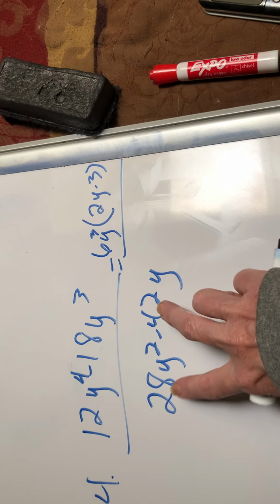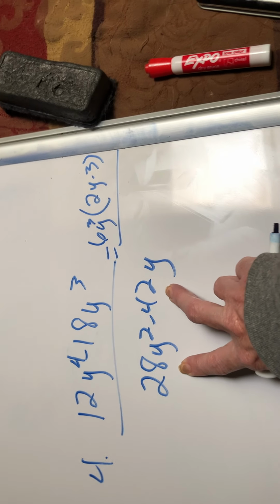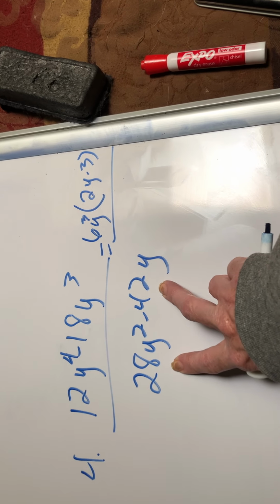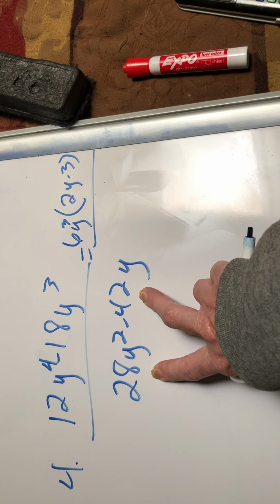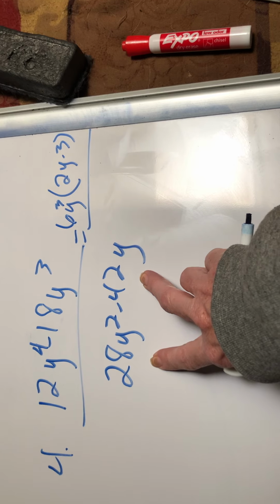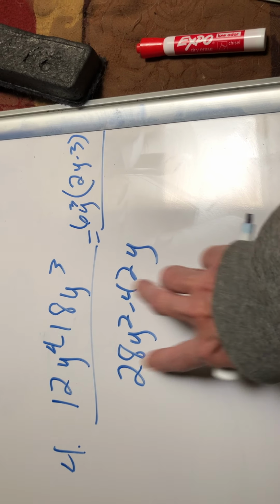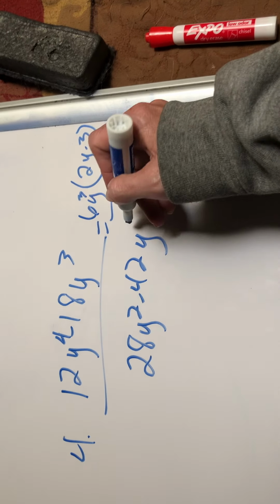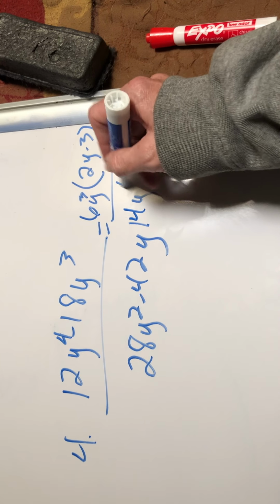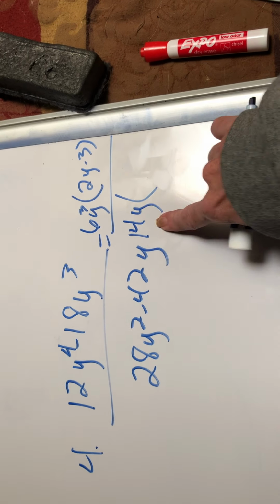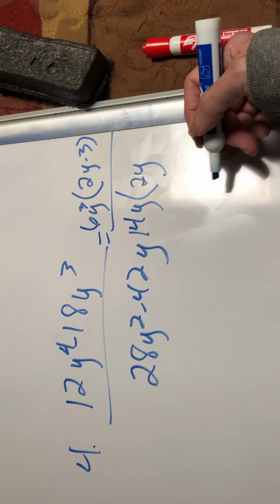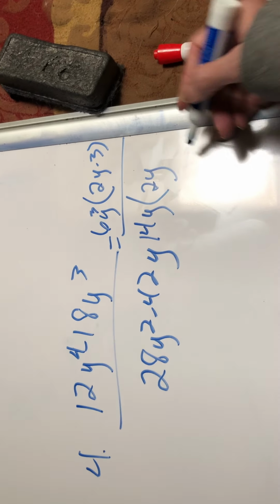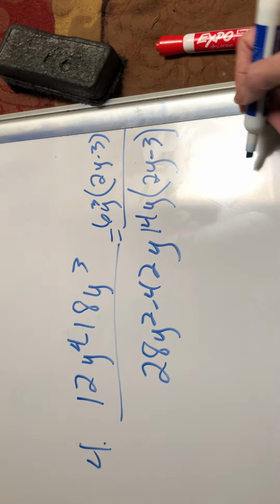Now these, most of you are probably thinking 7. I can take a 7 out, which is correct that you can take a 7 out, but it's not the biggest number you want to take out. You can actually take out 14. So you want to take 14y out of these. 14y out of 28y squared gives a 2y. And then 14y out of 42y leaves a 3.